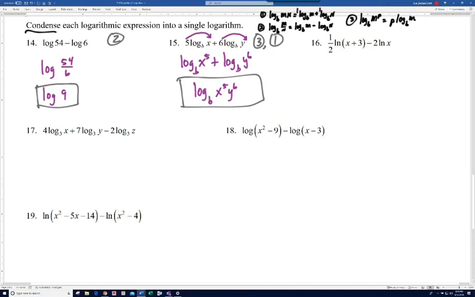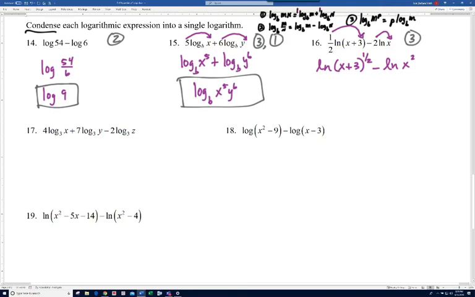All right, so 16 is similar to the one we just did. Notice we have these numbers out in front. We're going to use the quotient rule because of the minus here, but we can't use it until we get those numbers out of there. So let's go ahead and use property 3, and we'll move those to be exponents. We get the natural log of x plus 3 to the 1/2 power minus the natural log of x squared.